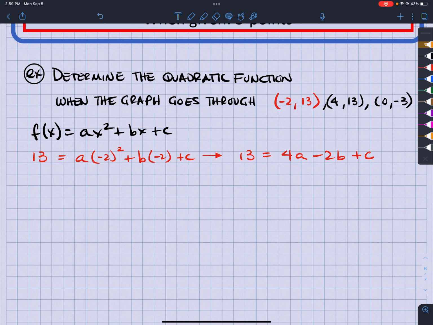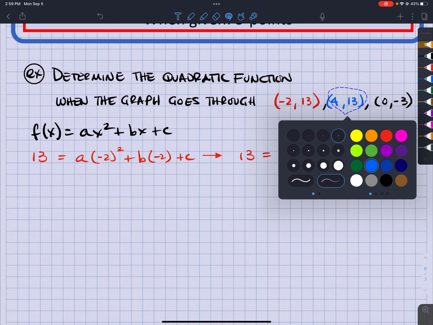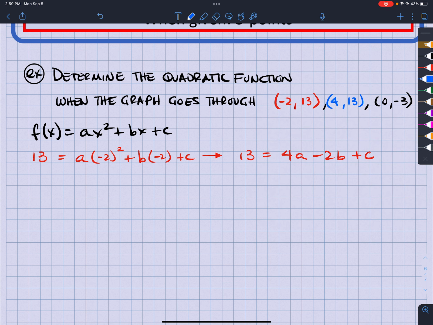All right. Then let's take a look at the second point. Let's make it blue. When I plug that in there, it says 13 is equal to a times 4 squared plus b times 4 plus c. What does that give me? That's going to give me 13 is equal to 4 squared is 16a plus 4b plus c.